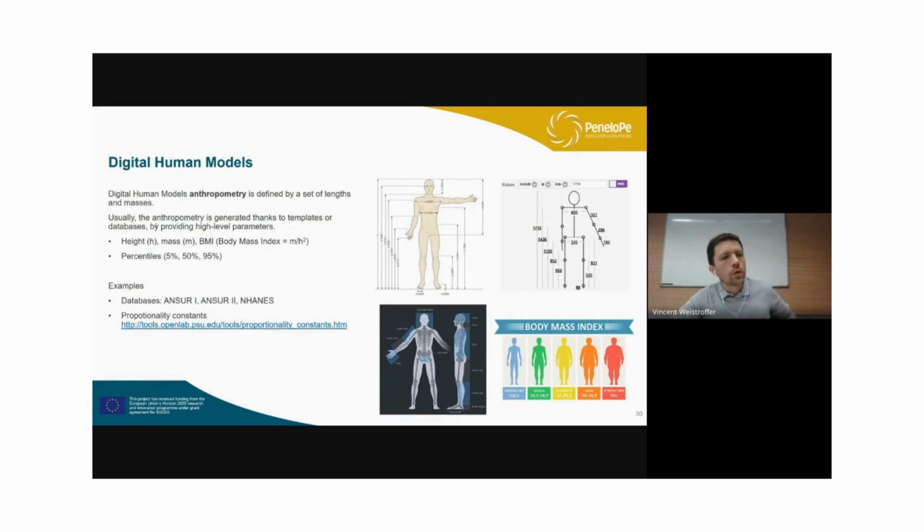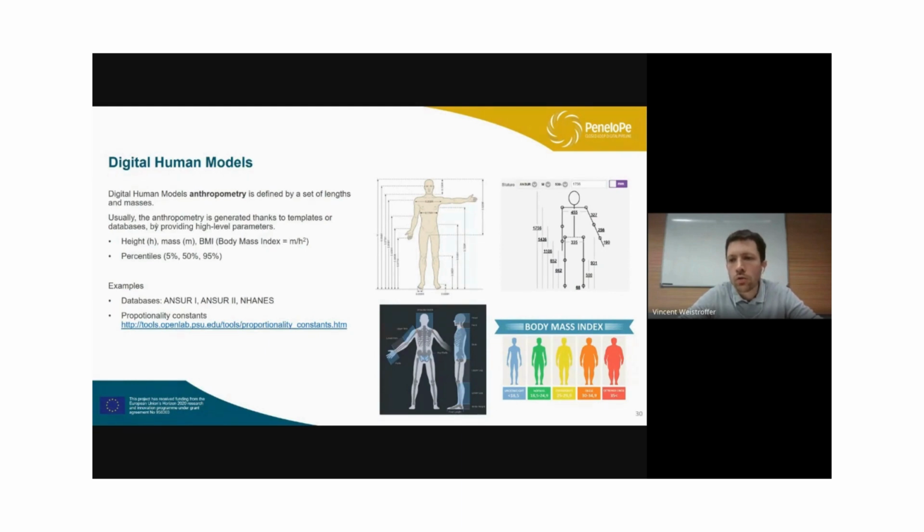About digital human model anthropometry, it's defined by a set of lengths and masses. Usually, the most basic way of defining the anthropometry is by giving precise dimensions of the human body you want to model. So you would give the total height, the height of the head, the length of each limb, and you also give the mass of each limb.